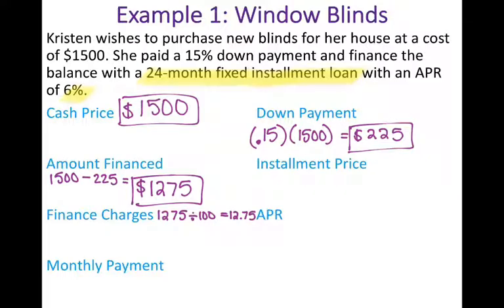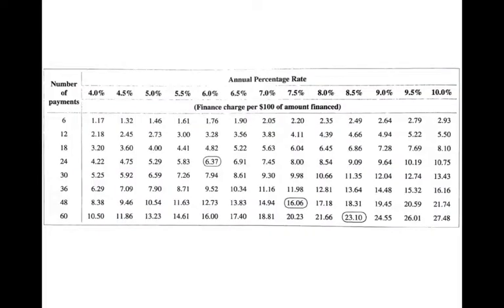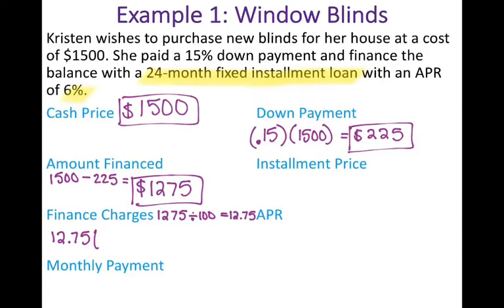So I'm going to take that 12.75 because that's how many increments of 100 we had, and multiply it by that dollar amount from the table, which was the $6.37. And that's going to give me the total of the finance charges. Putting it into my calculator right now, that is $81.22.